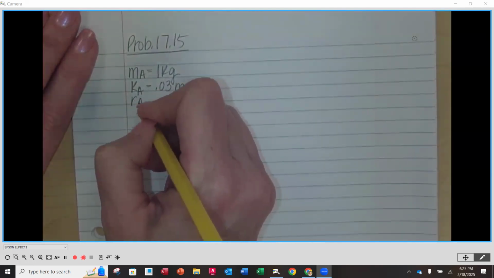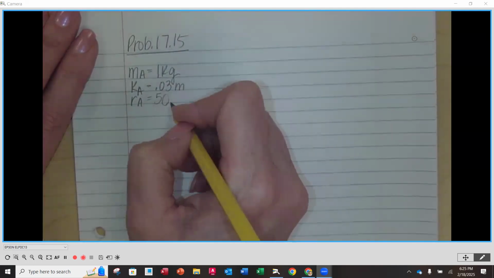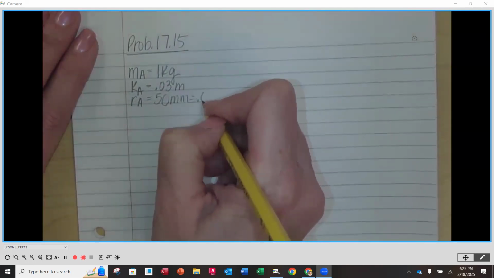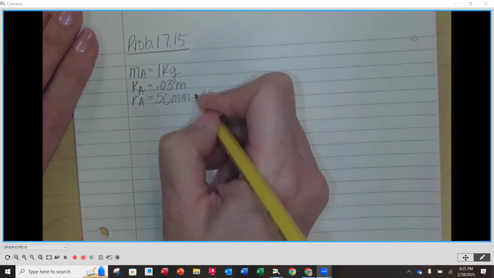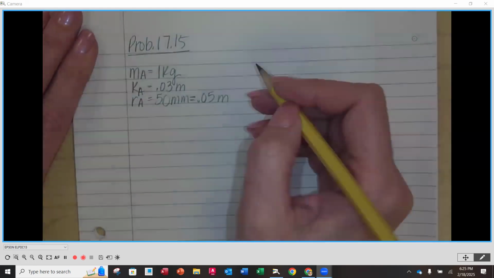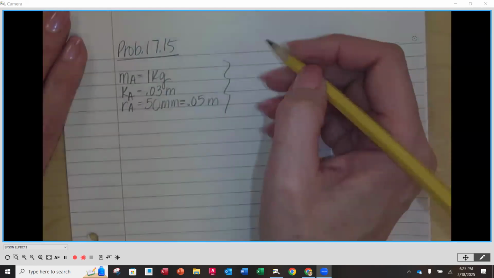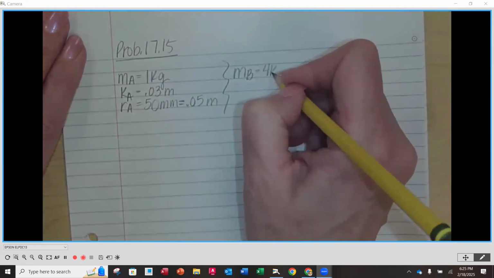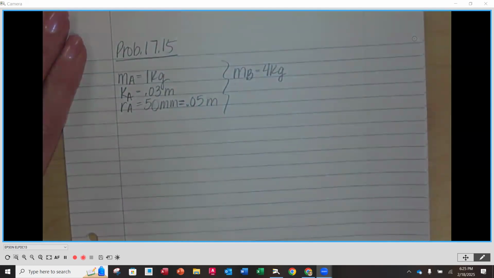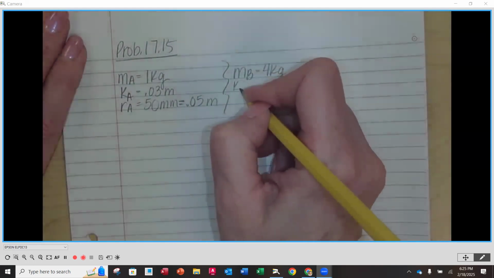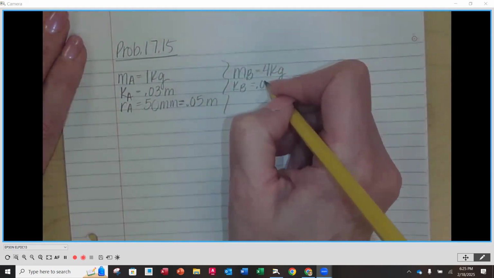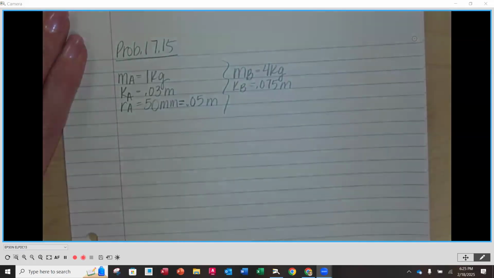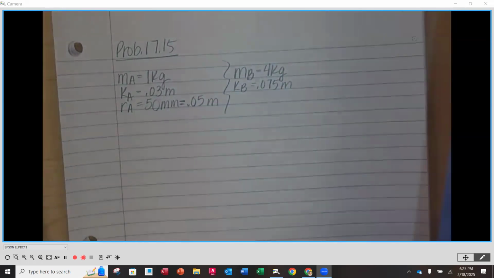Our radius of A is 50 millimeters, 0.05 meters. Okay. Next, we have mass of gear B, 4 kilograms. Okay. Radius of gyration of B, 0.075 meters. And now B has two radiuses, okay?